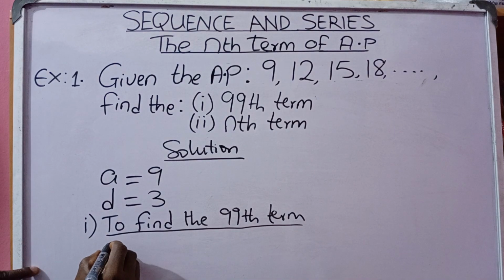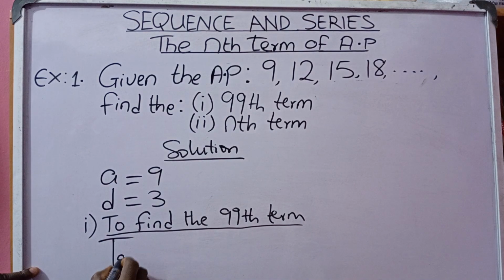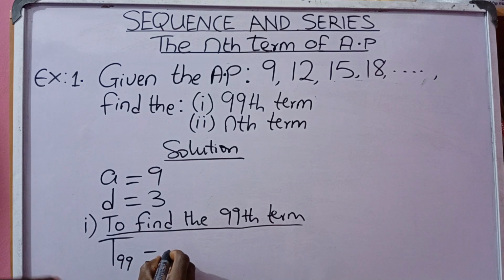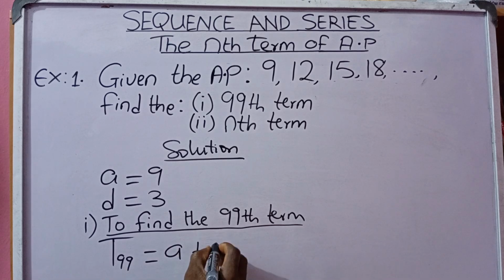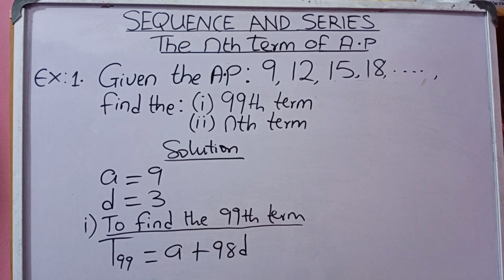If we are to find the 99th term, the formula will read as A plus, reducing by one of these, that will be 98D. That is how it will read. All right, so to substitute the various things that we have there, the first term is 9 plus 98 multiplied by D, which is 3.